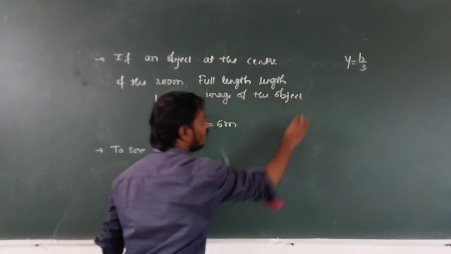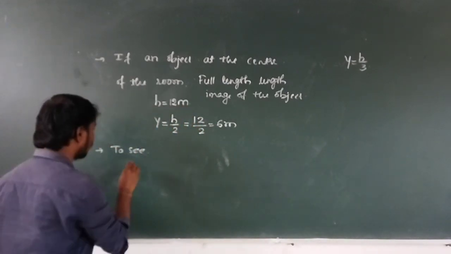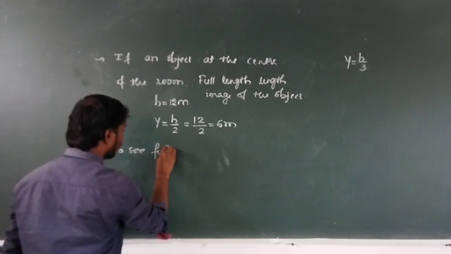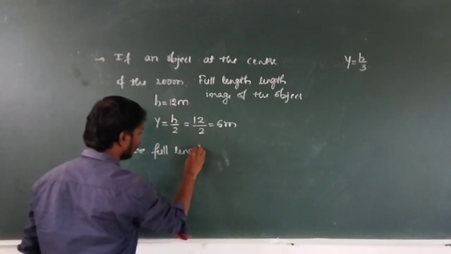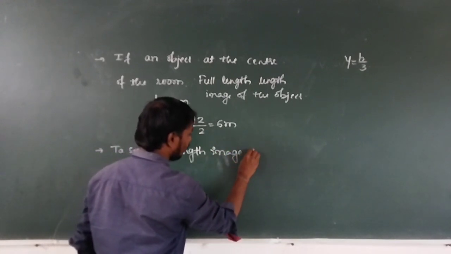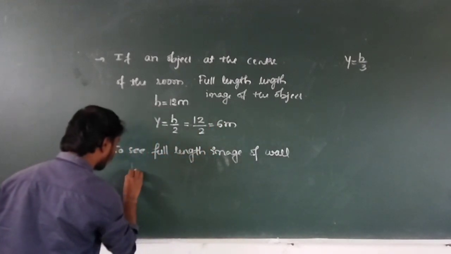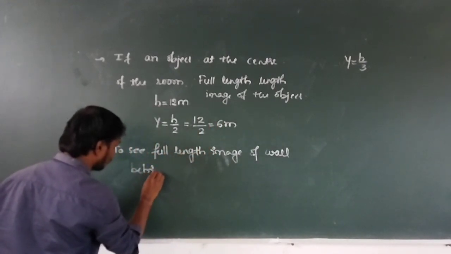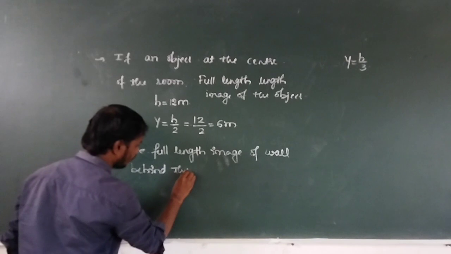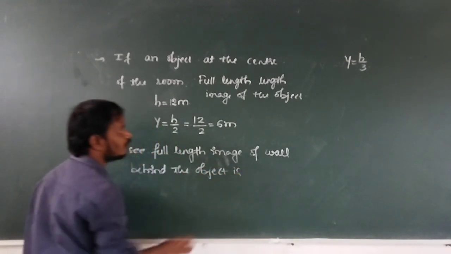Next, in order to see the full length image of the wall behind the object, what is the formula here?